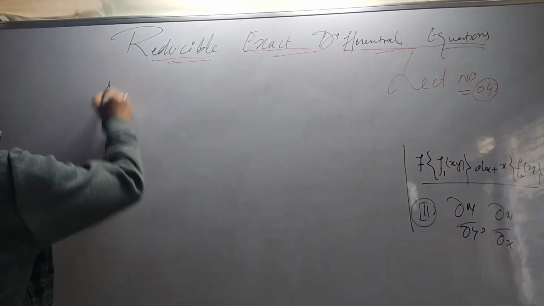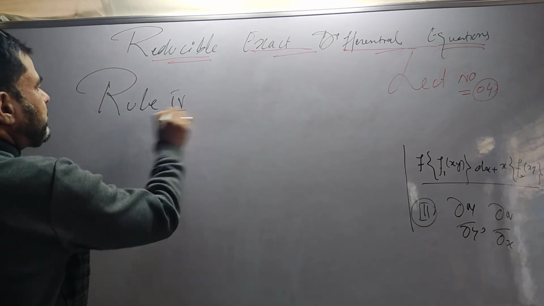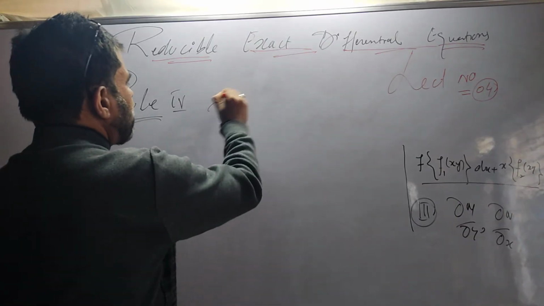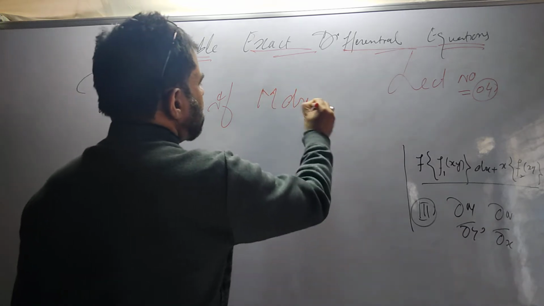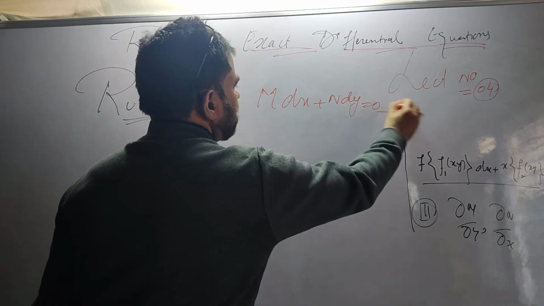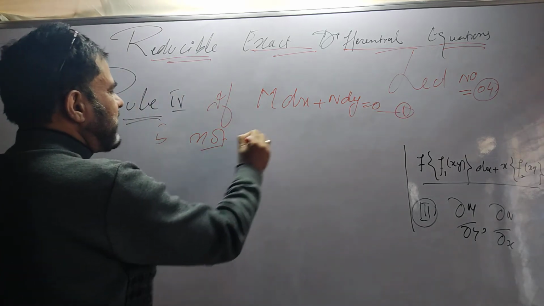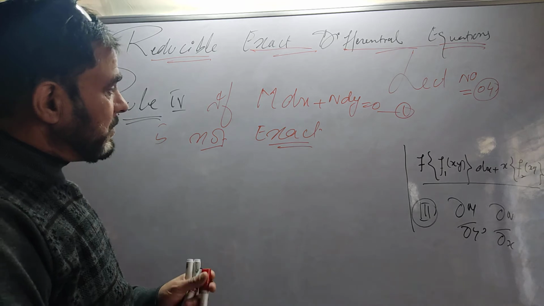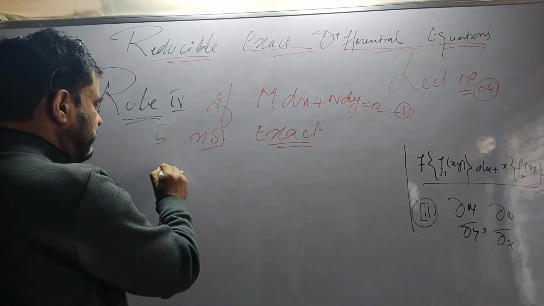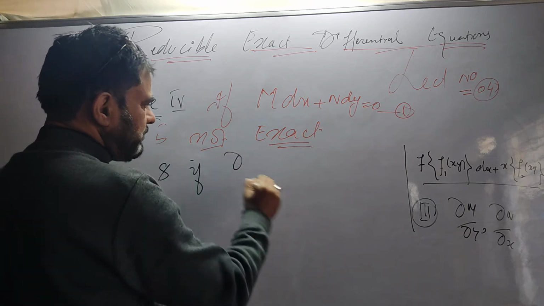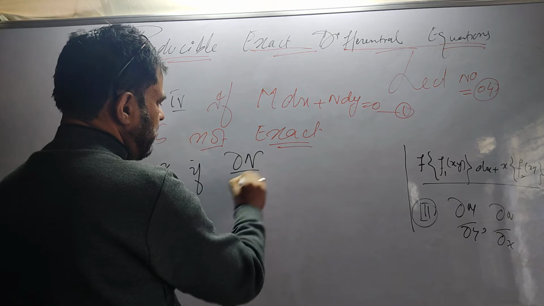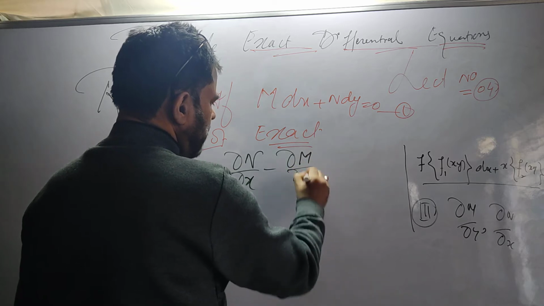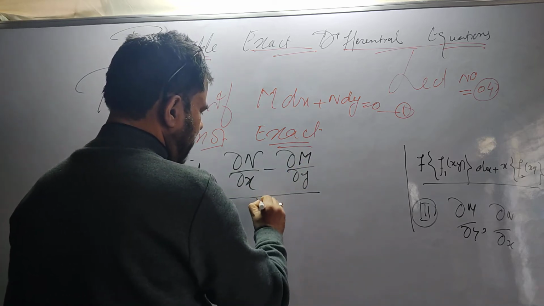Now I am stating rule 4. This will state: if M dx plus N dy is equal to 0 is not exact, but at the same time you observe that the partial of N with respect to x minus the partial of M with respect to y, divided by M, is considered.